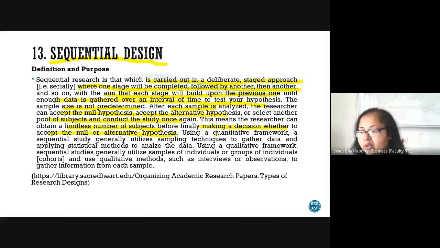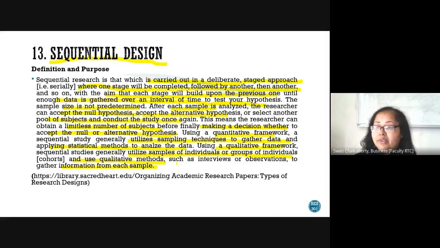So we use a quantitative framework, which helps in utilizing the sampling technique for gathering data and applying statistical methods to analyze the data. If we use a qualitative framework, then it usually helps in utilizing samples of individuals or groups of individuals, that is cohorts, and use qualitative methods such as interviews or observations to gather information about each group.